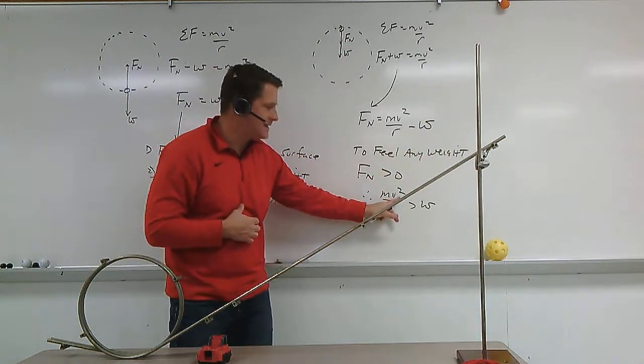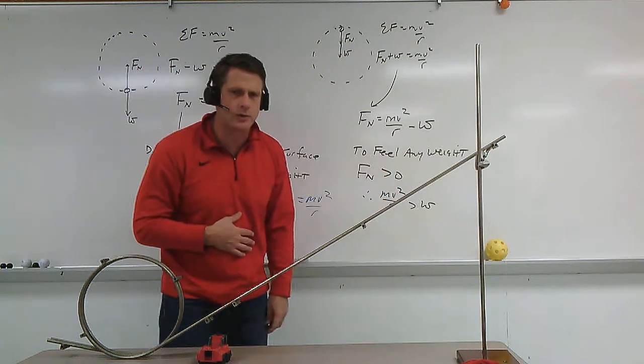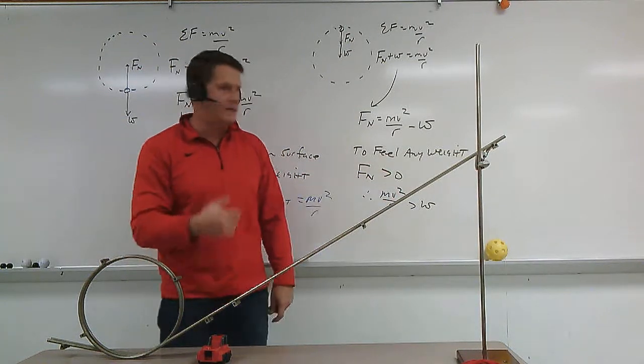That v has to get big enough so mv squared over r is bigger than the weight.